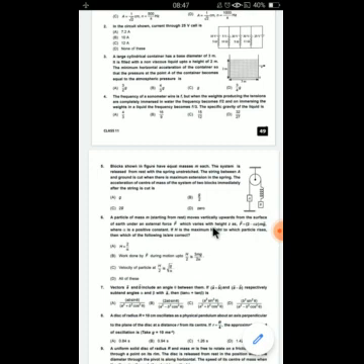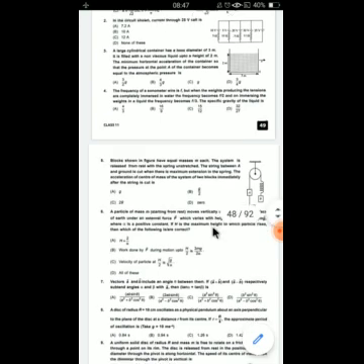Options A, B, C and D are there. So the answer will be 0, D. Immediately after the string is cut, the acceleration of the center of mass of the system of two blocks will be completely 0. The answer will be 0, option number D.